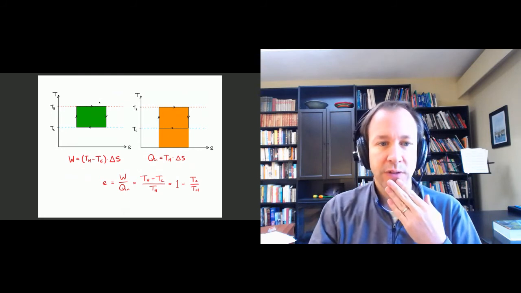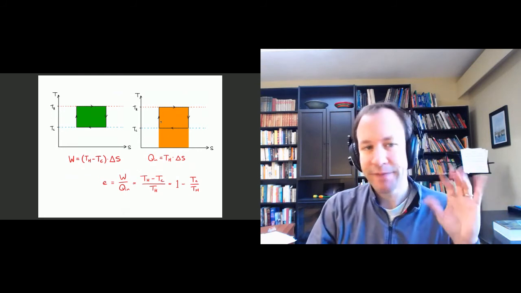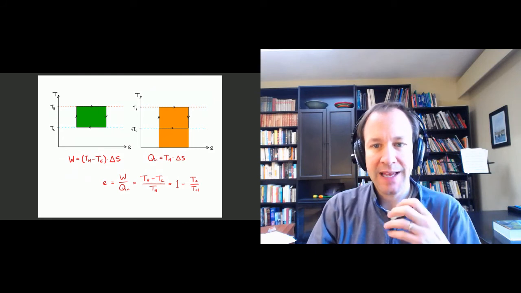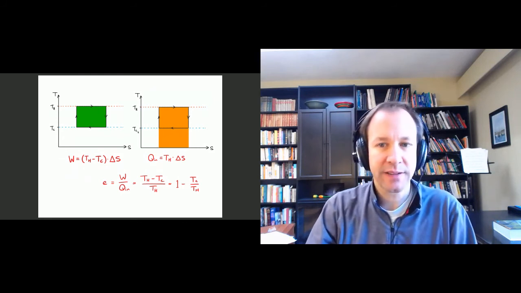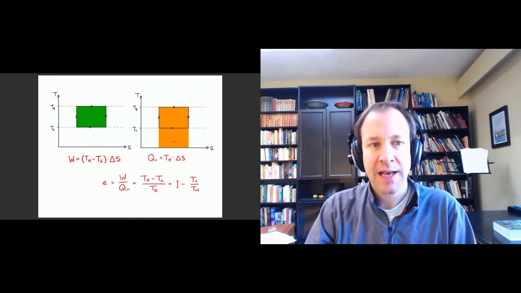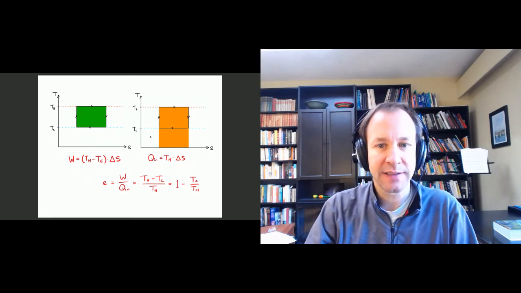Okay, so it's a fairly straightforward calculation. We want to know the ratio between the green area and the orange area. And these are just the areas of rectangles. Because the width of these two rectangles is the same, the efficiency is going to be the ratio between the height of this rectangle and the height of the orange rectangle.